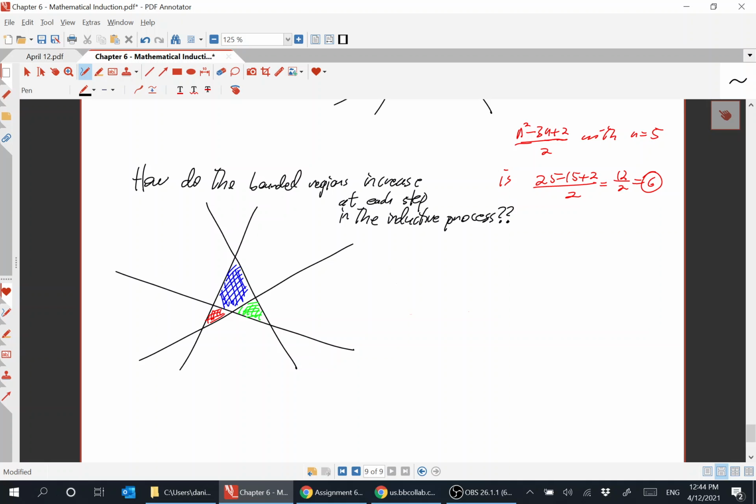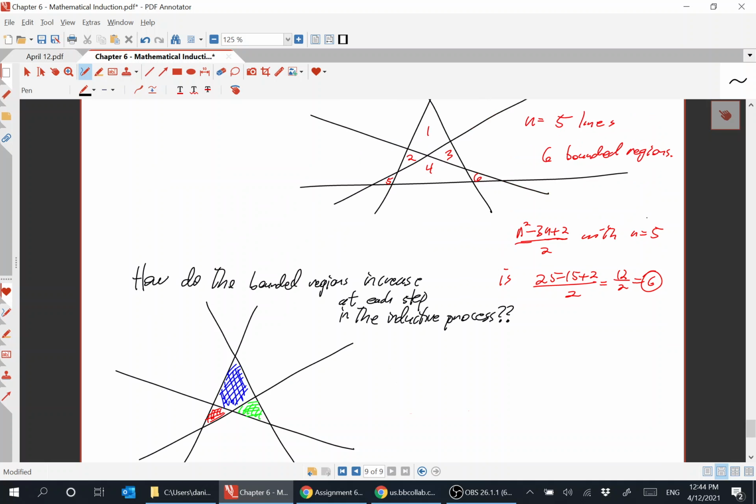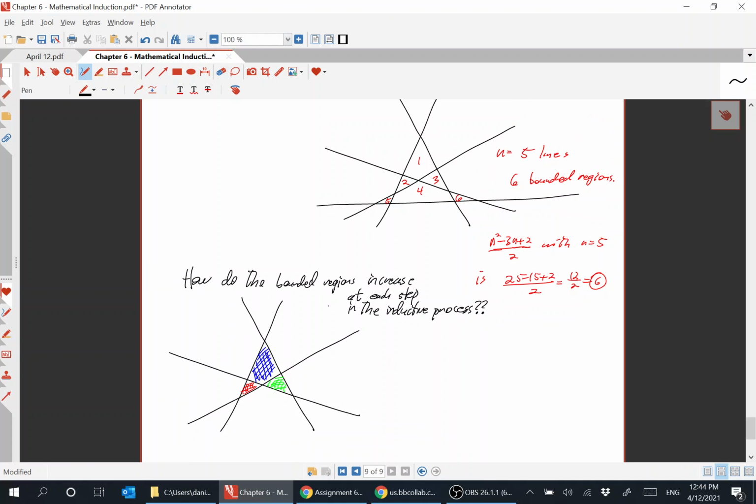Where are the bounded regions in these 2 examples? In the center. They're kind of in the center, and the unbounded regions are on the periphery there, right?